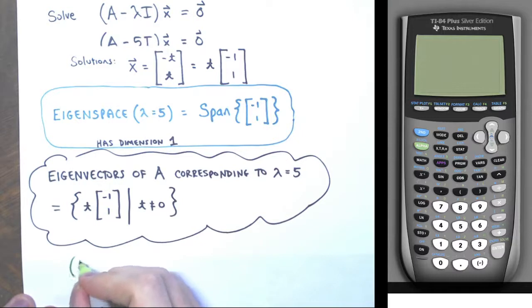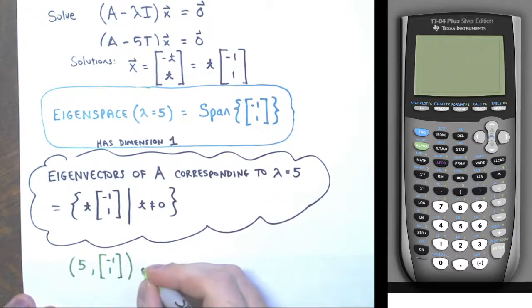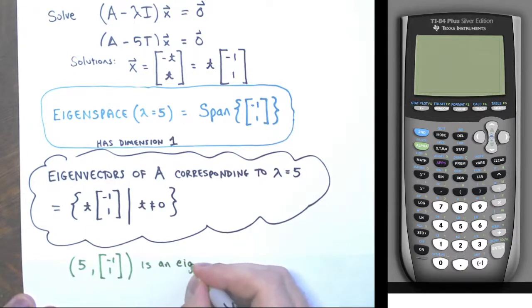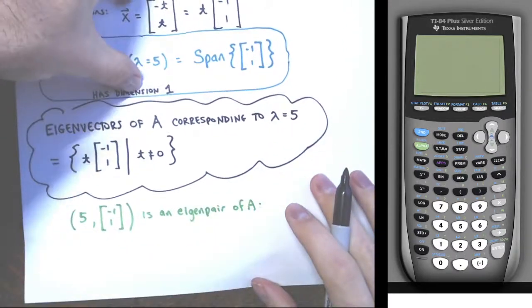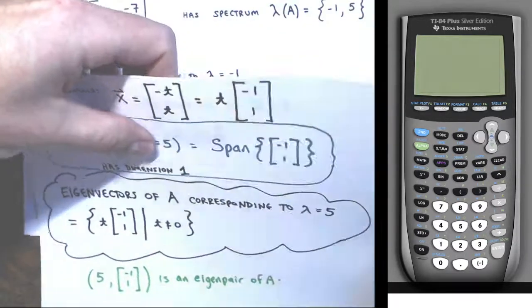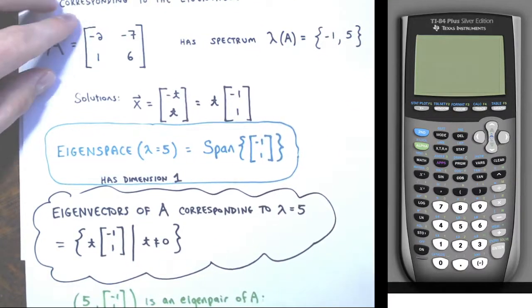Is this an eigenpair? The lambda 5, the number 5, and the vector negative 1, 1. This should be an eigenpair of matrix A. Let's test it. So again, going back to matrix A, I'll just write it here.